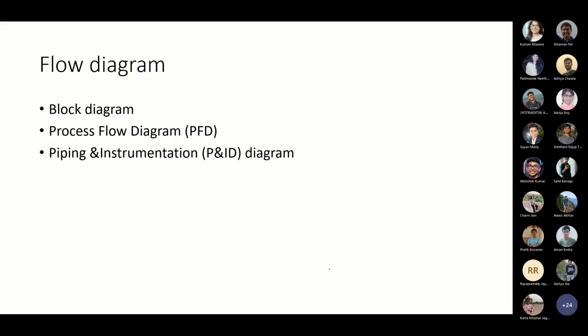So we use three types of diagrams: block diagram, process flow diagram, and piping and instrumentation diagram, the P and ID diagram. We'll see what these are and what message they convey.